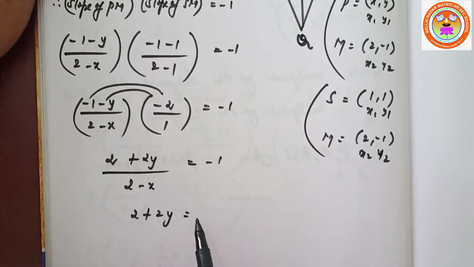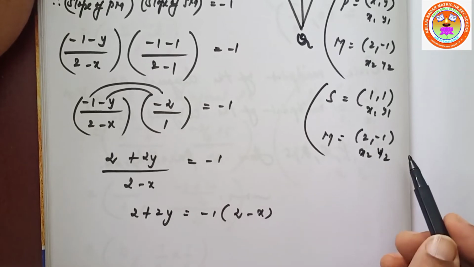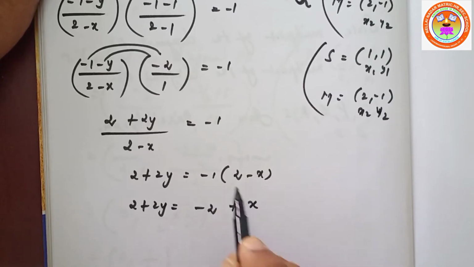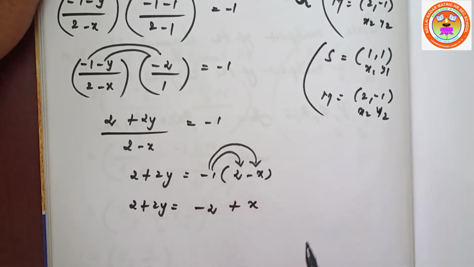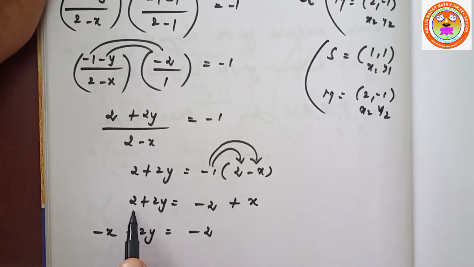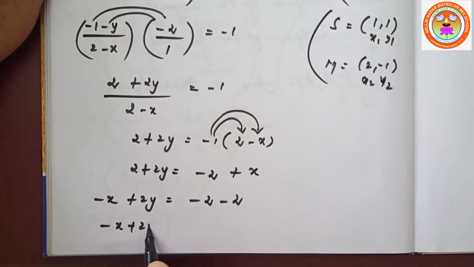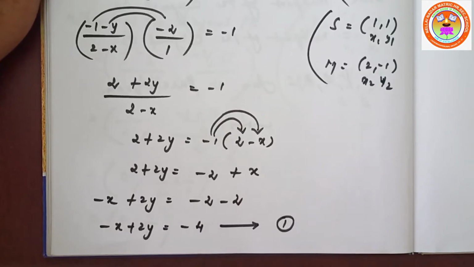So 2 plus 2y equals, cross multiply, minus 1 into (2 minus x), which is minus 2 plus x. Plus x comes to the left hand side as minus x; we already have 2y on the left hand side. Minus 2 constant, let it be on the right hand side; plus 2 goes to the right hand side as minus 2. So minus x plus 2y equals minus 4. Let it be equation number 1.